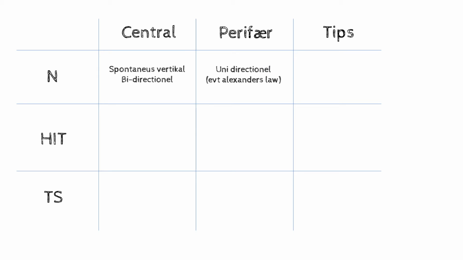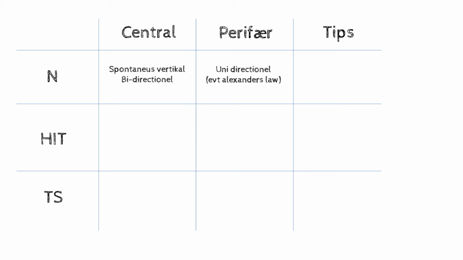Then you have your peripheral, and that would be a unidirectional nystagmus. And usually, especially if they have vestibular neuritis, they will follow something called Alexander's law, which is when, let's say you have a nystagmus going to the right, then the more you look to the right, the more intense the nystagmus gets, and the more you look to the left, the less intense the nystagmus gets.